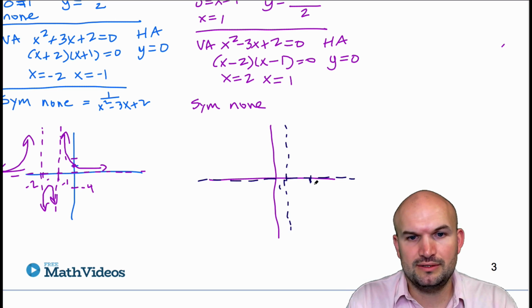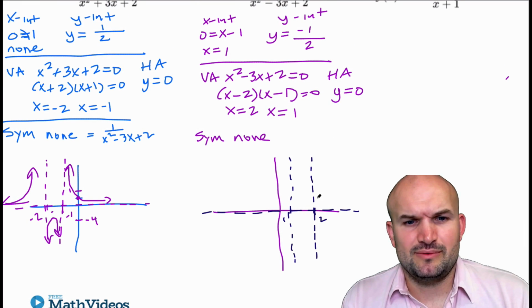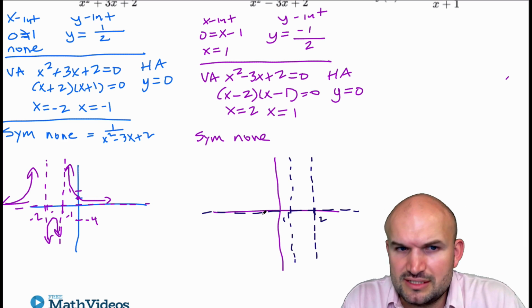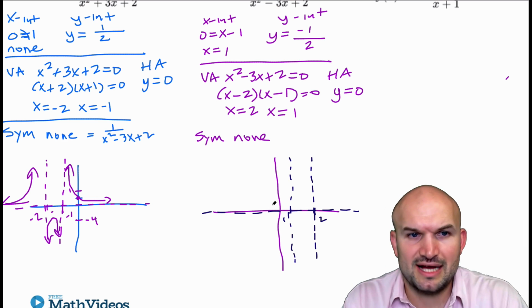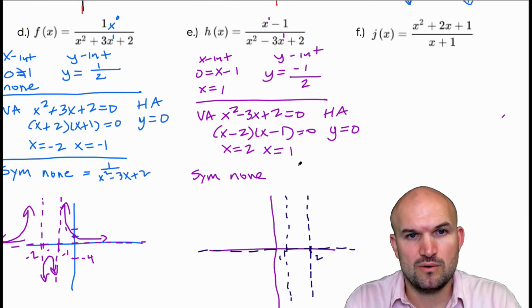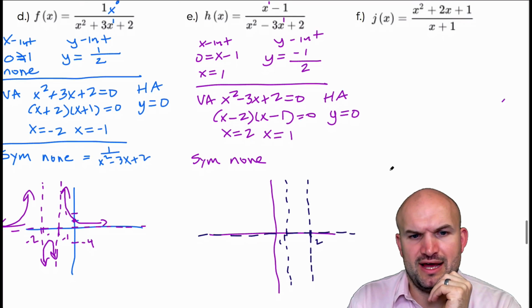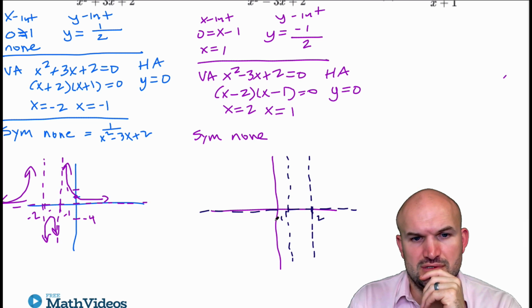Then we have an x-intercept at 1, where y is equal to 0, and a y-intercept at negative 1/2.